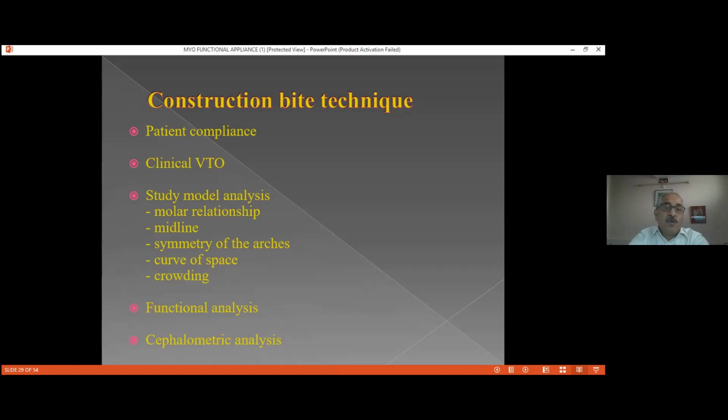The molar relationship has to be ascertained. The midline has to be checked, and the symmetry of the arches should also be taken into consideration. The curve of Spee, not the space, and the crowding are to be assessed in the study model analysis. The functional analysis has been done, and the supplementary analysis has to be done before we go into construction of a bite.